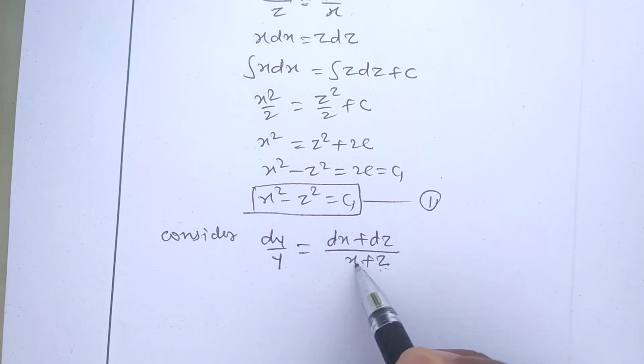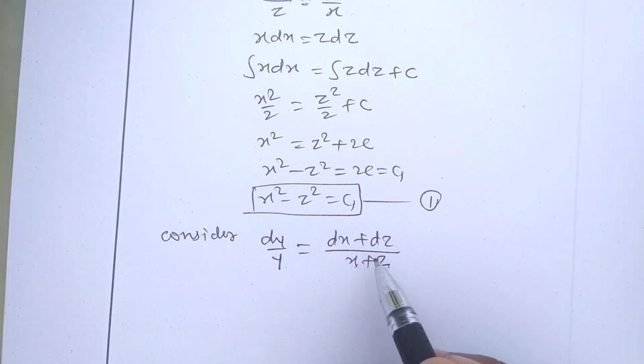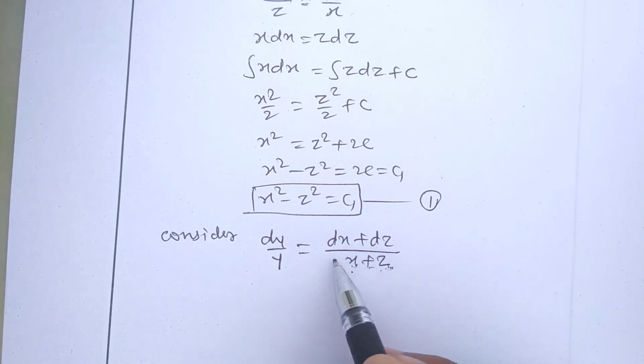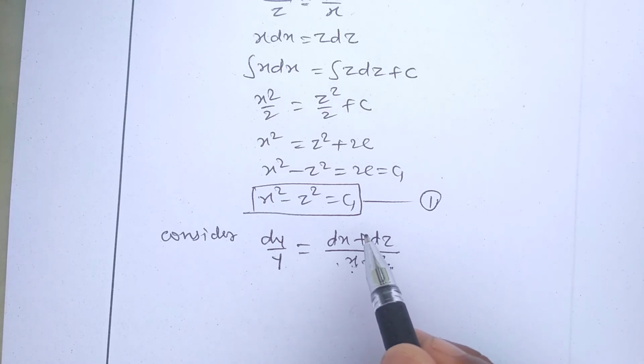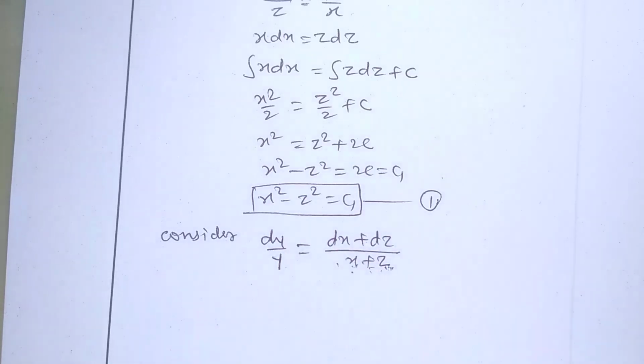What is the integration of x plus z? Since derivative of denominator, what is the derivative of denominator? Derivative of x plus z, derivative of x is dx and derivative of z is dz. So derivative of denominator is dx plus dz, that is present in the numerator. So derivative of denominator is present in the numerator, so we can easily calculate the integration of this whole term.